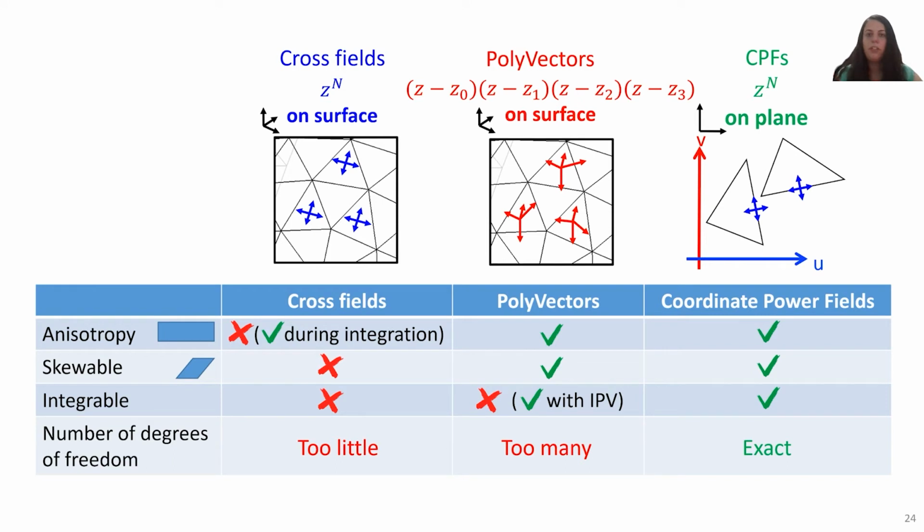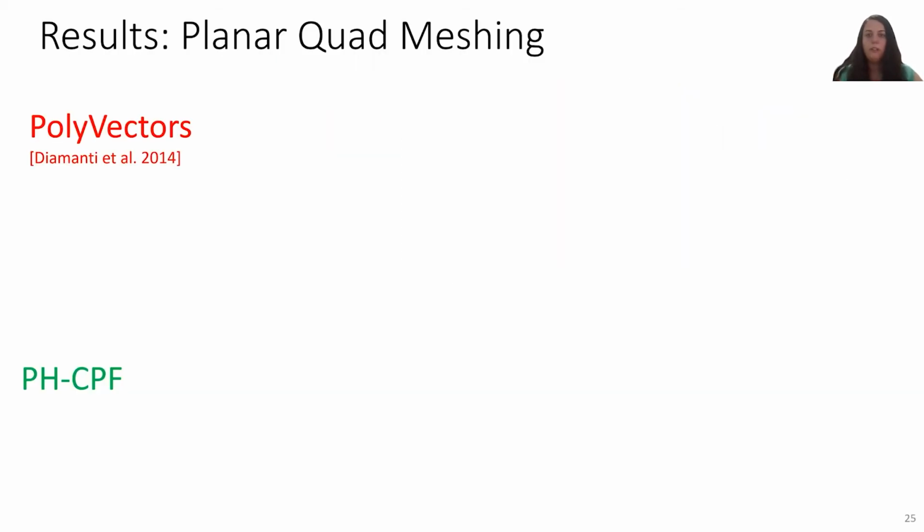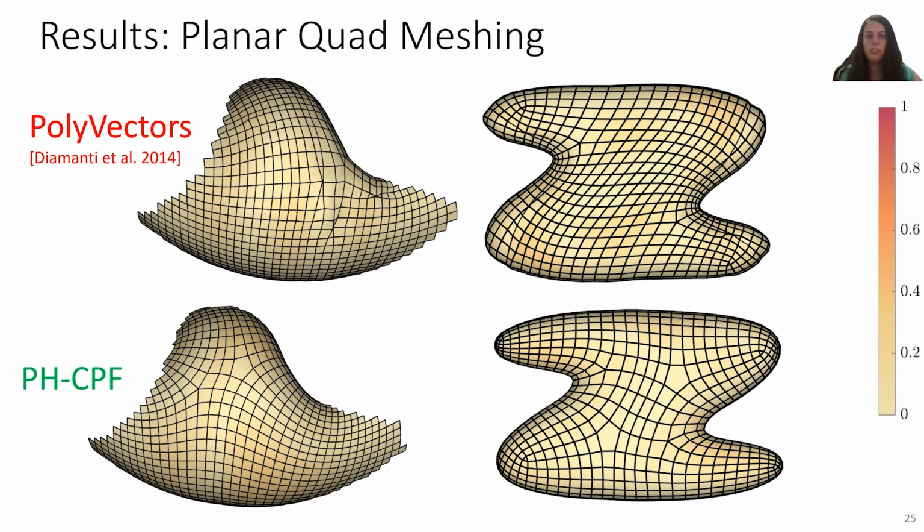This table summarizes the properties of different methods. Our method is the only one that allows for anisotropic and skewable quads, guarantees integrability, and therefore has the exact amount of degrees of freedom as needed. We show a few results for planar quad meshing and their comparison with the polyvector methods by Diamanti et al.